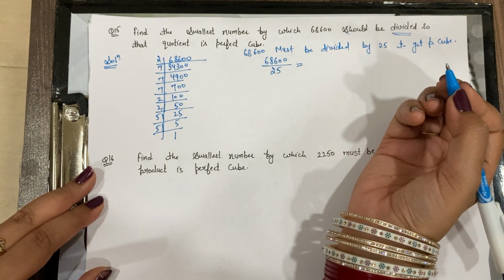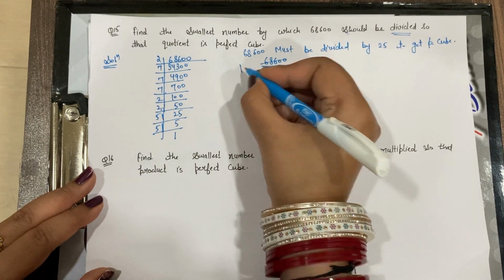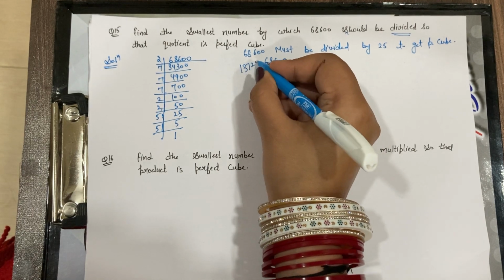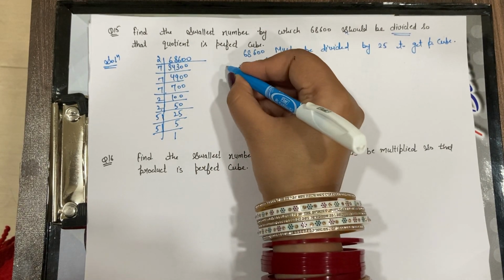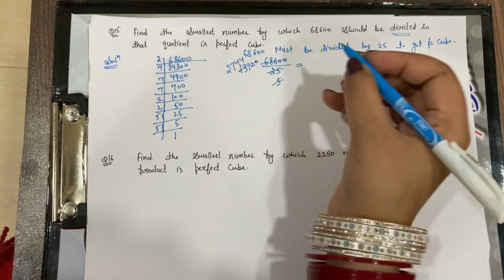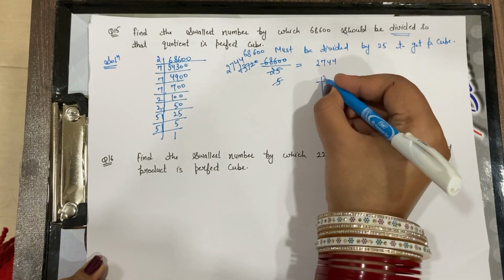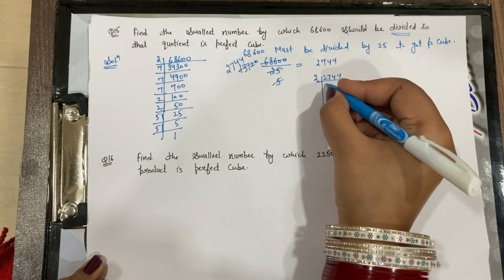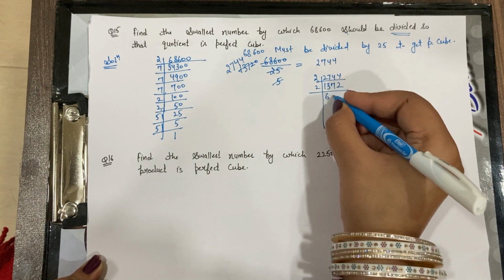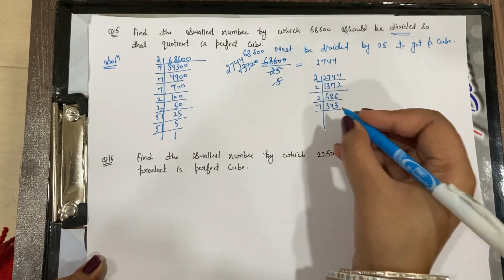Now when you divide it, see on the table of 5, again on the table of 5, it is 2744. You can check whether this is a perfect cube or not. On the table of 2, again on the table of 2, again on the table of 2, now on the table of 7.